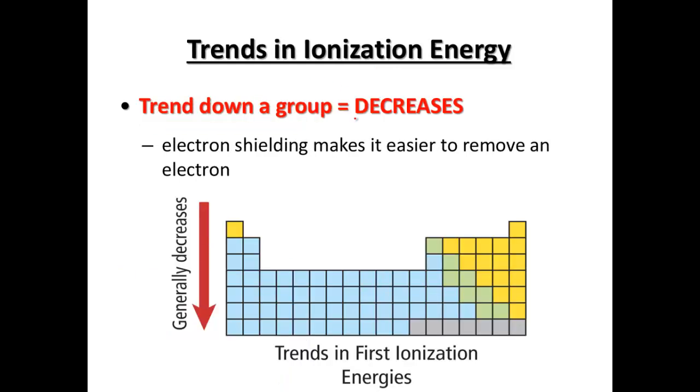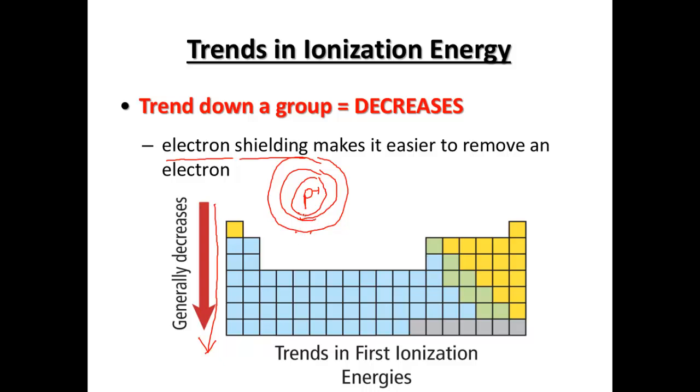Our first trend is as we go down the periodic table, down the group, electron shielding makes it easier to remove the electron. When we look at the nucleus and each energy level around it, the further away the electrons get from the nucleus, the less attractive force there is.